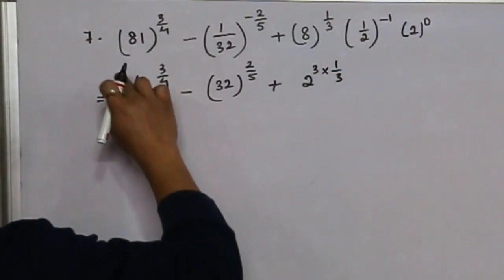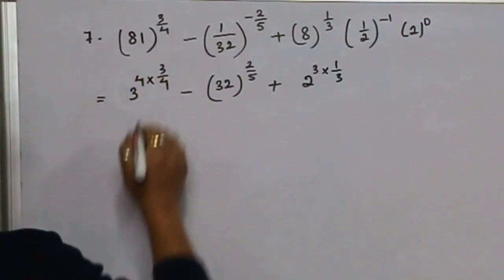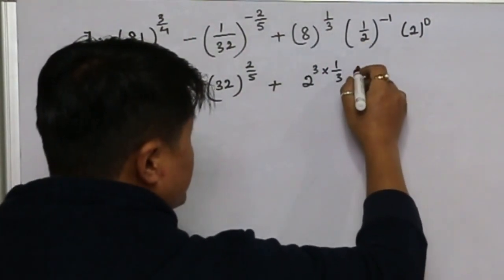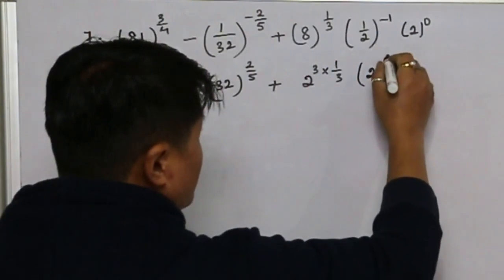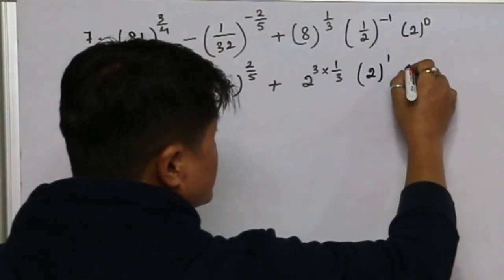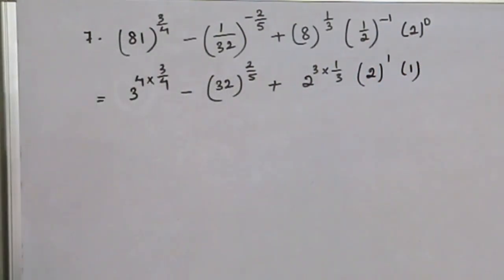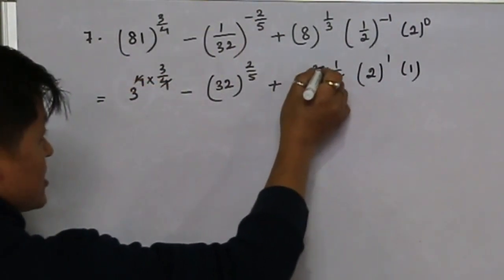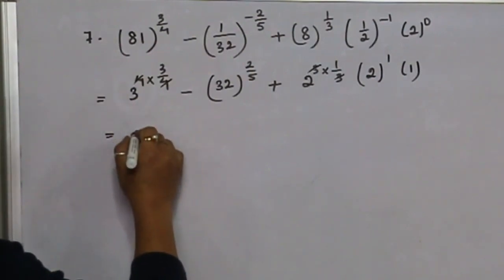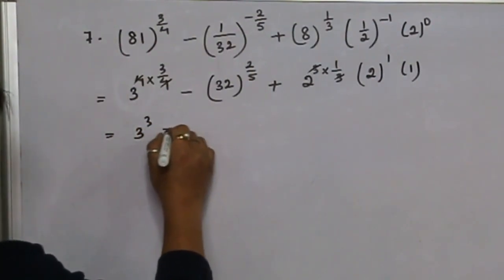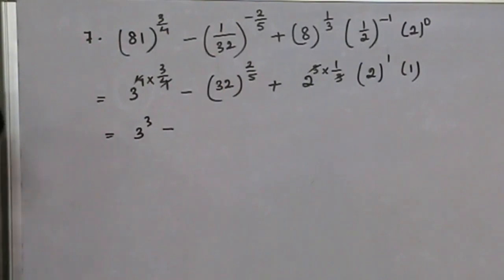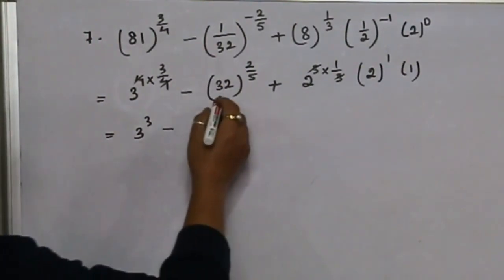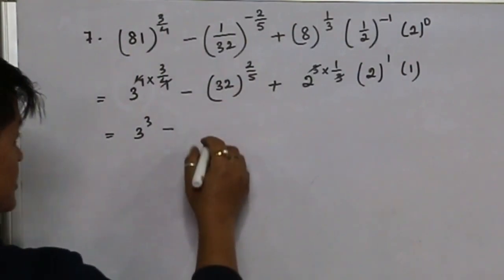This also we can write into 1 by 4, so make this power positive, 2 to the power 1, any number to the power 0 is 1. Clear? So this 4 cancels and 3 gets cancelled, so this will become 3 to the power 3, minus. 32 can be written as 2 twos are 4, 4 twos are 8, 8 twos are 16, 16 twos are 32, or else you can factorize this.